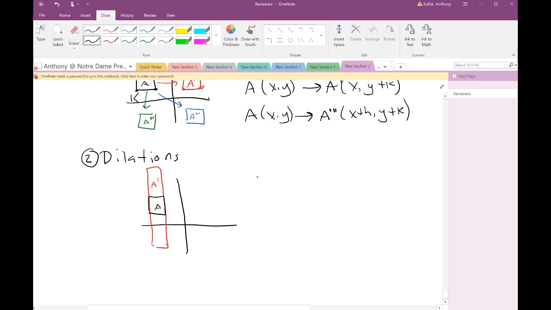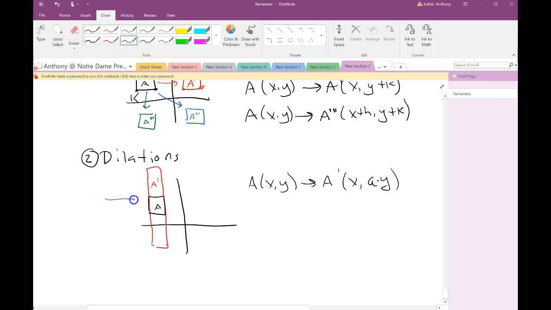So you can stretch it in one direction. So if you're stretching it vertically, the thing that's changing is the y-coordinate. And if you're stretching it by a factor of a, you'd be multiplying each y value by a.